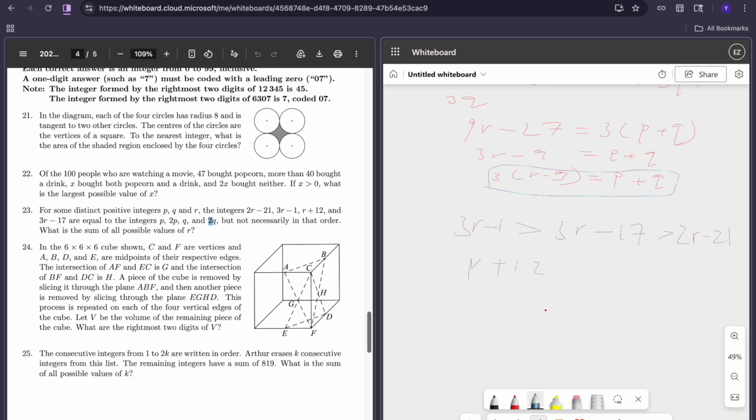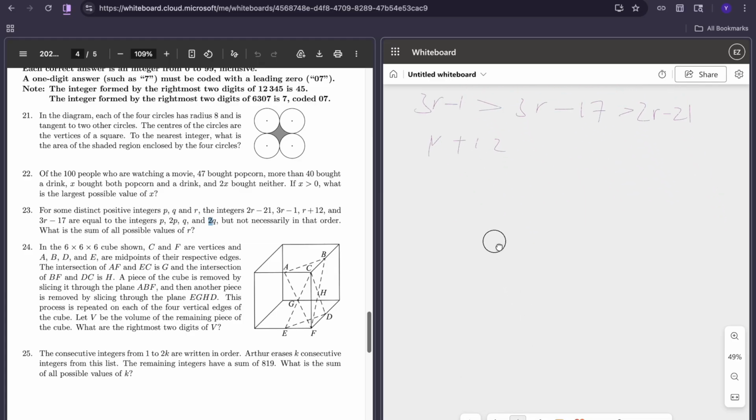Based on this, we can start to analyze several cases. First case, we say 2p and 2q are 2r minus 21 and 3r minus 1.